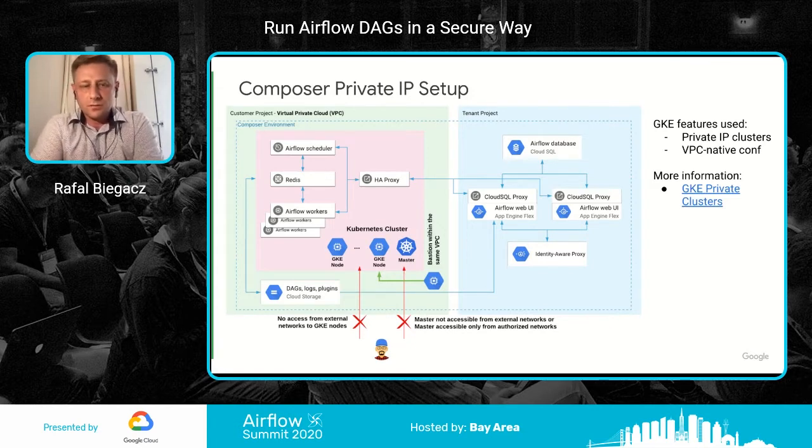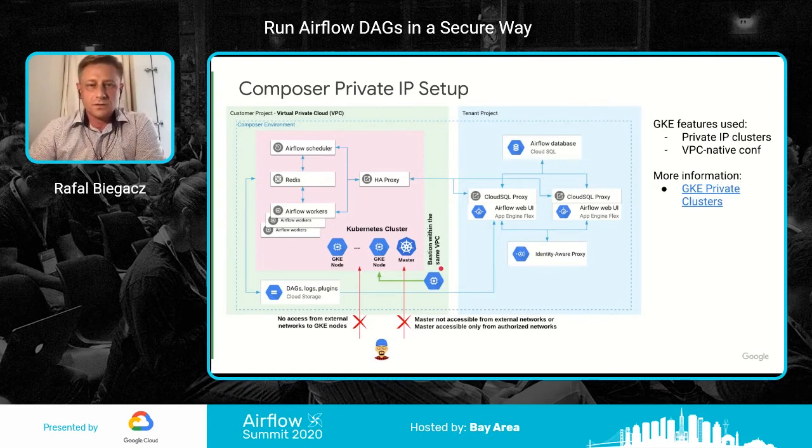We can completely block traffic to the GKE master from the external world, or we can set up authorized networks, and only from those networks will you be able to connect to the GKE master. And of course, if you create a Bastion computer within the virtual private cloud in which you have the GKE cluster, from this Bastion host you will be able to connect to GKE nodes and the GKE master as well.